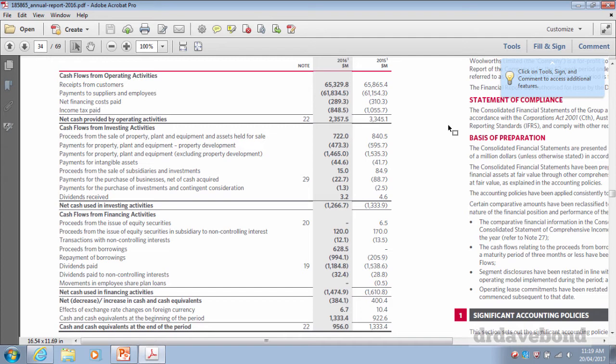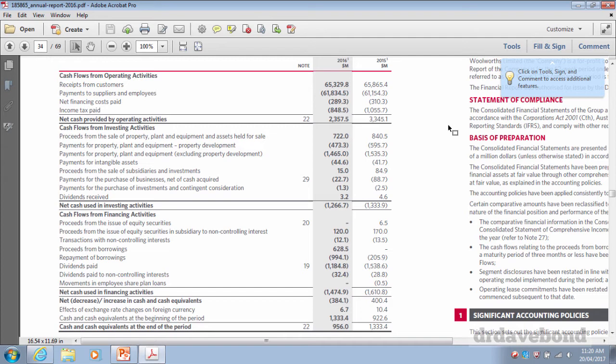Financing activities. Debt and equity. Have you borrowed money? Are you repaying money? Are you issuing shares? Are you buying back shares? So that's why it's financing activities.